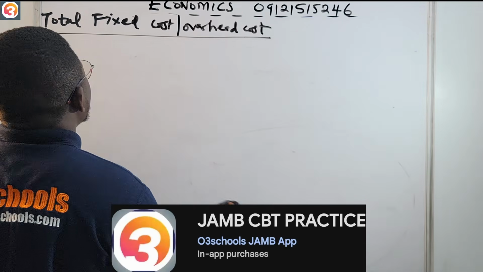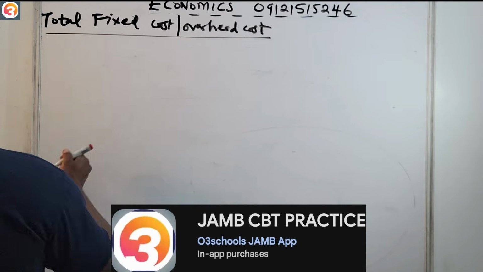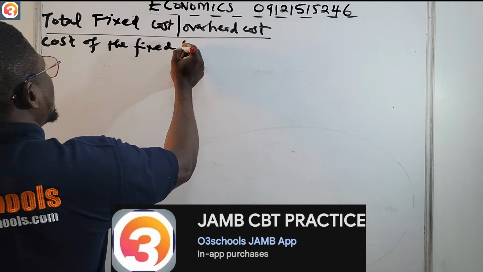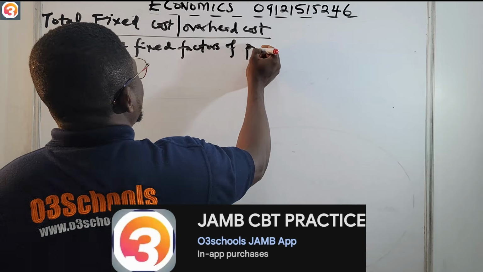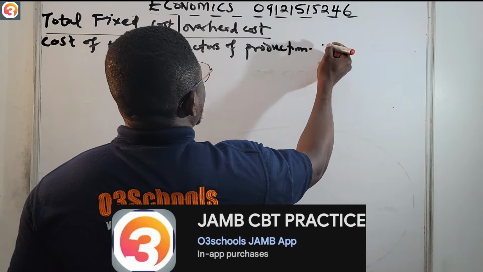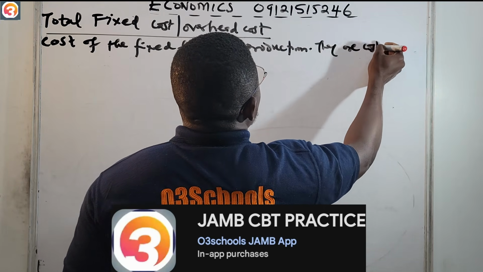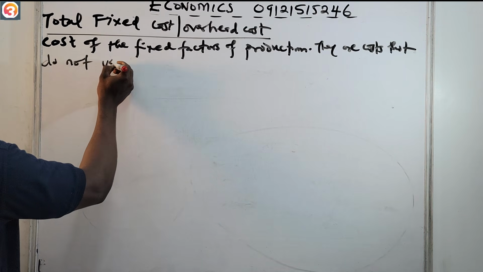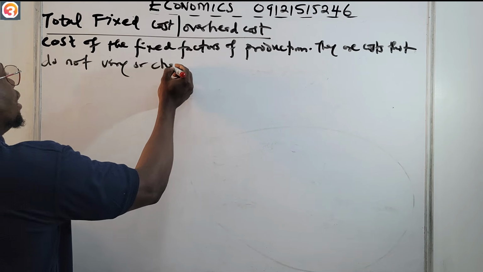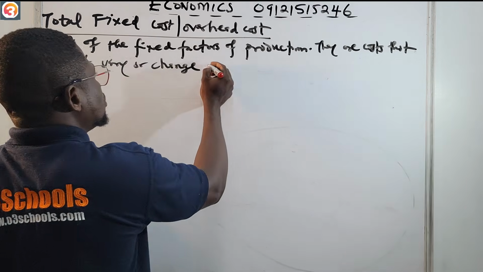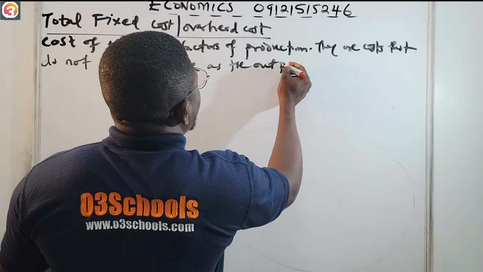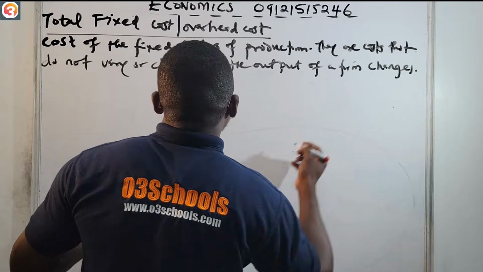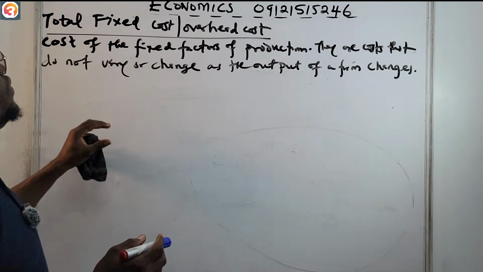Okay, so let us see. Total fixed cost, we say, is what now? The cost of the fixed factors of production.